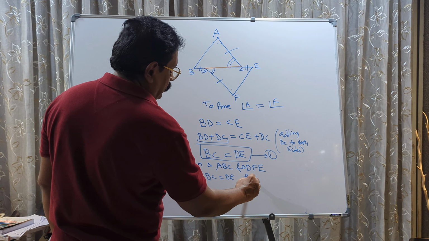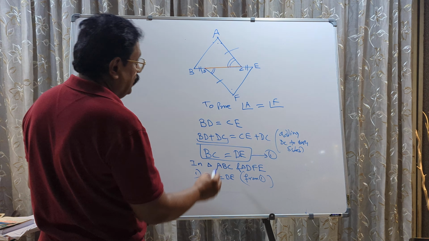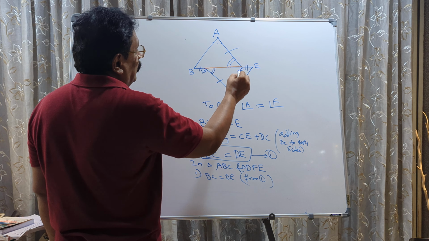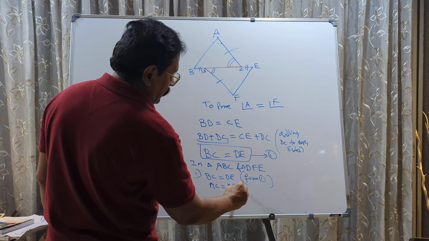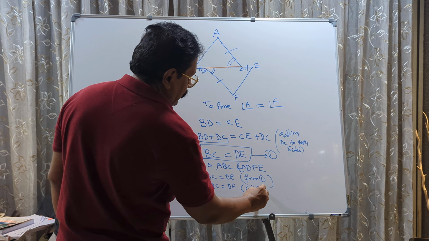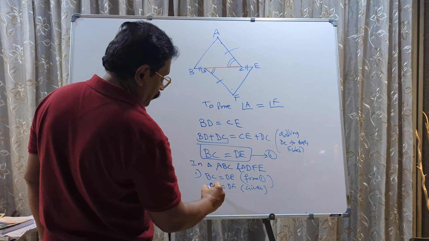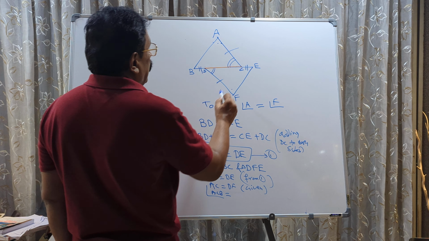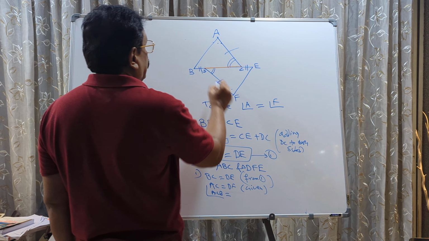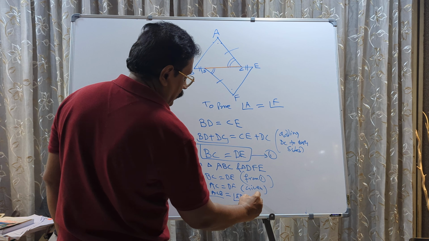Okay, from 1 above, that is the reason. Then AC is equal to DF, given. Okay, then angle ACB is equal to angle EDF, given.